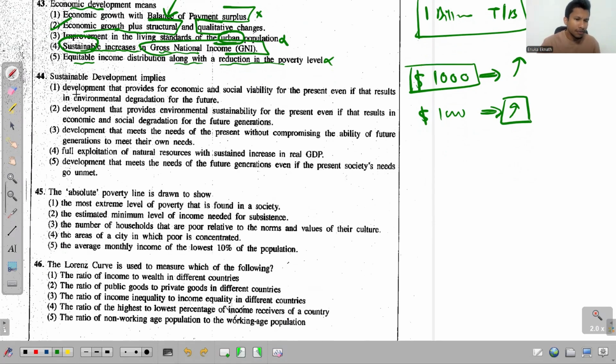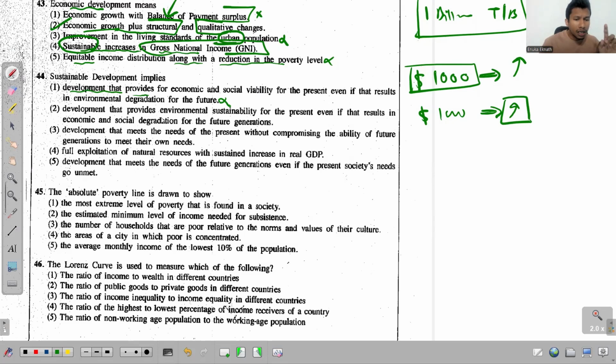Now look at the first one. Development that provides for economic and social viability for the present, even if it results in environmental degradation for the future. This is simply ignorable, totally false, common sense. This will never be the answer.